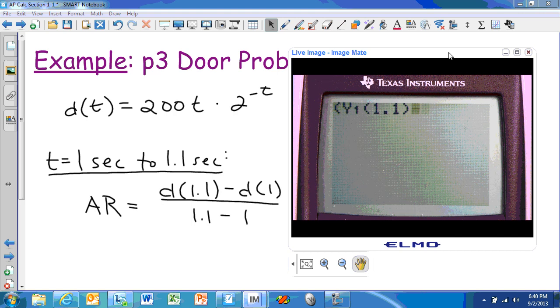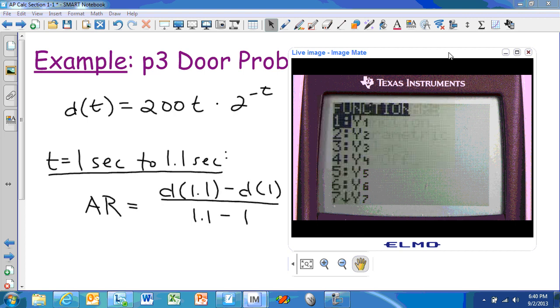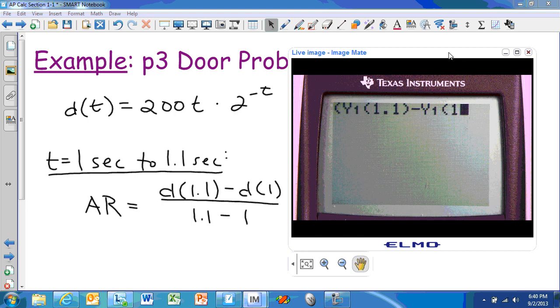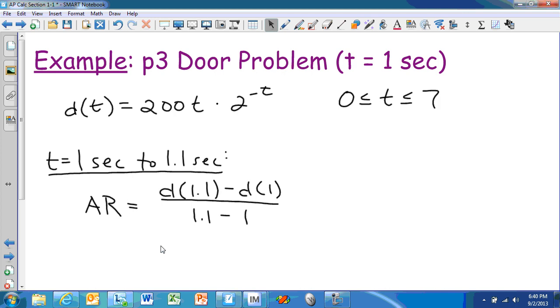And then subtract, grab y1 again, evaluate it at 1, and we'll divide that by this interval. Now if you want to type in the difference like we have here on the board, you can do so, but I'm just going to calculate the difference and type that in. So 1.1 minus 1 is just 0.1, so we'll divide by 0.1. And we end up with 26.336.